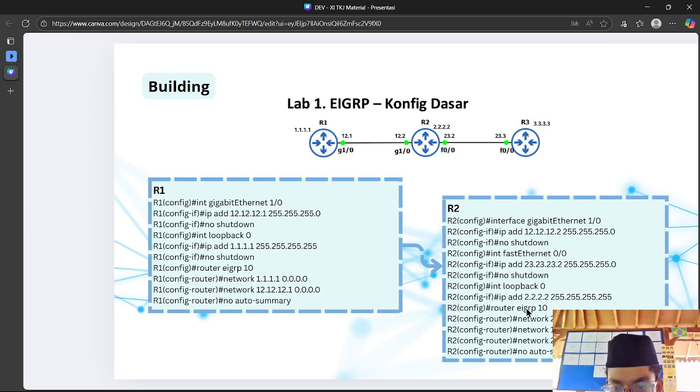Then we write router EIGRP 10, with network 2.2.2.2 and network 12.12.12.2. Then the third network is 23.23.23. Don't forget again to write no auto-summary here also. Maybe that's the configuration in router 1 and router 2.